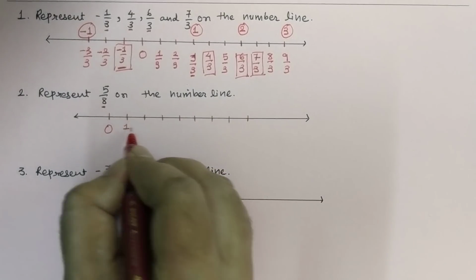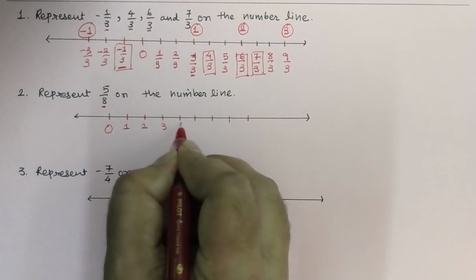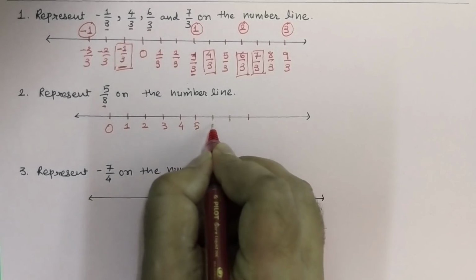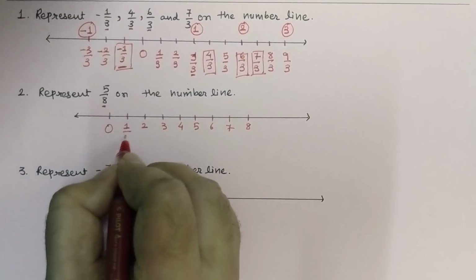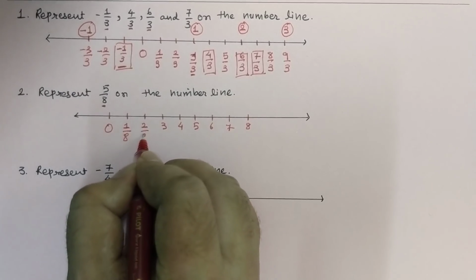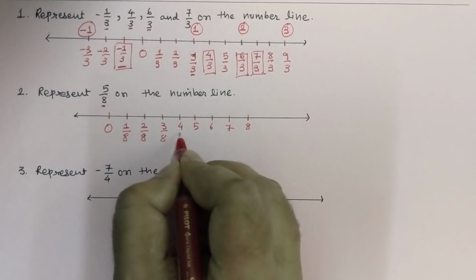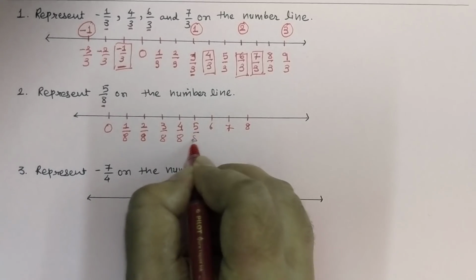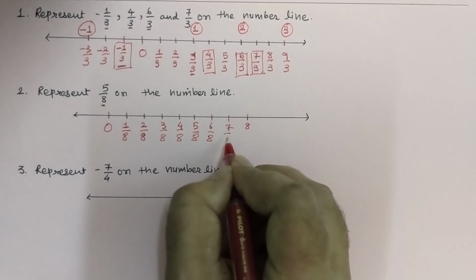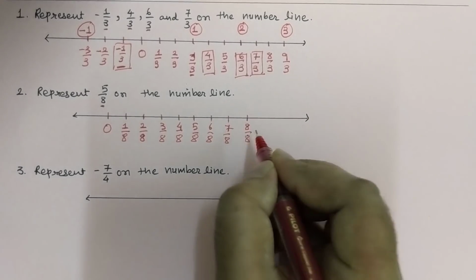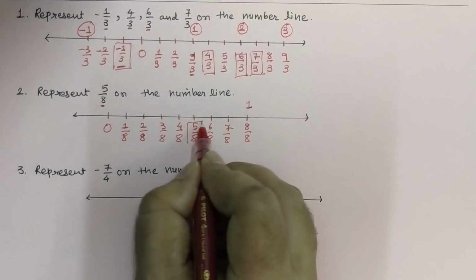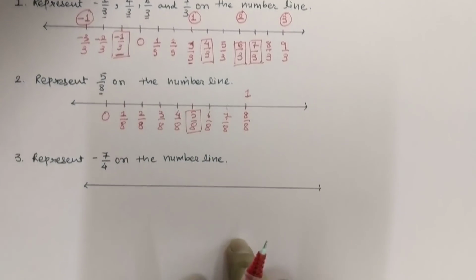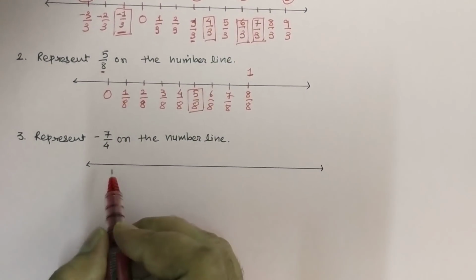Divided with 8. You know what is 8 by 8? 1. Yes. So here we have the another number. The same thing, can you do it for this?